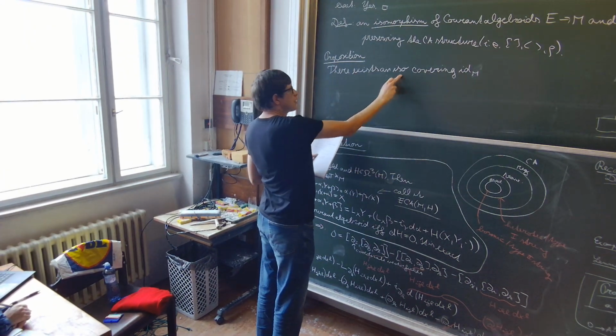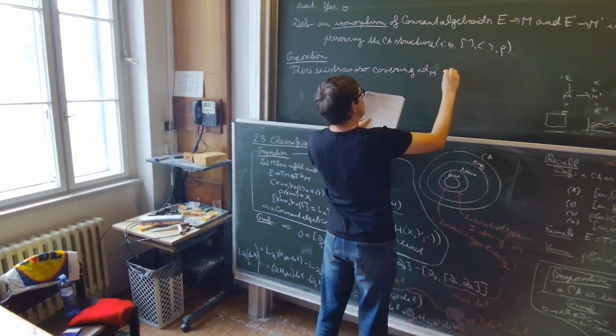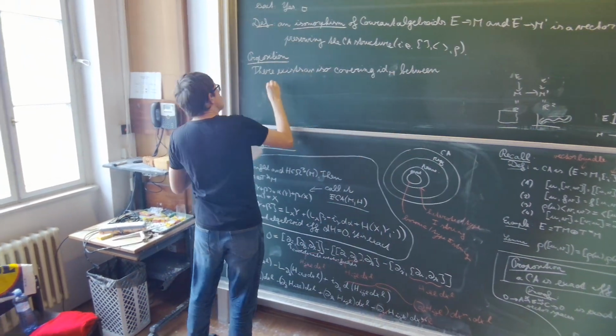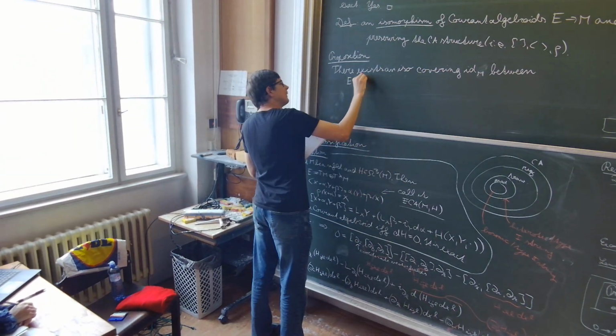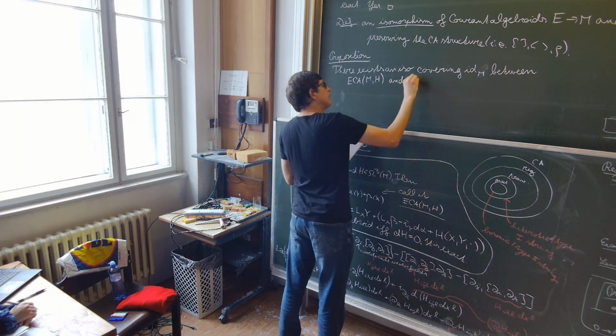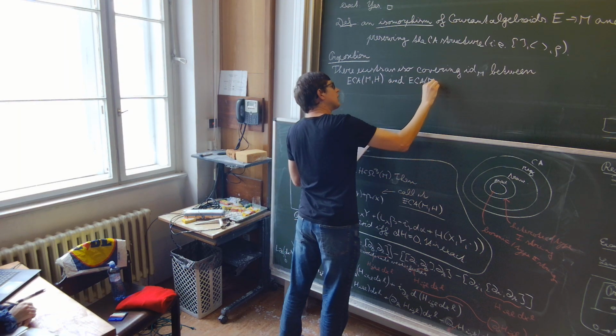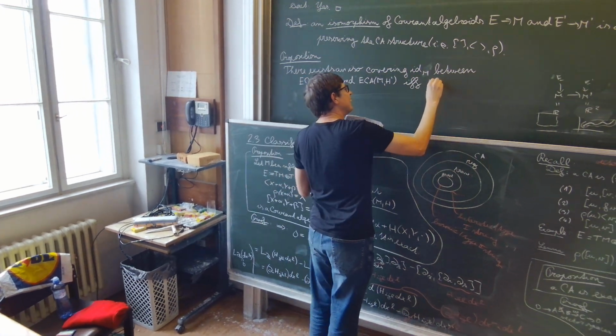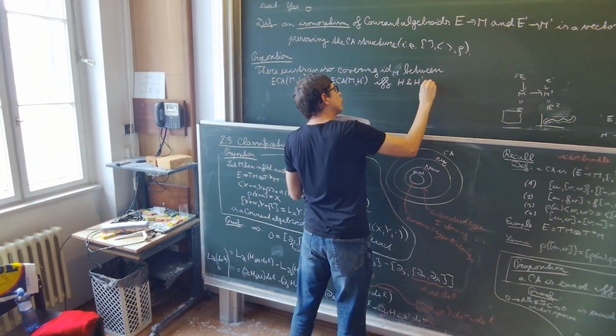So there exists an isomorphism covering the identity between ECA M H and ECA M H prime if and only if H and H prime are homologous.